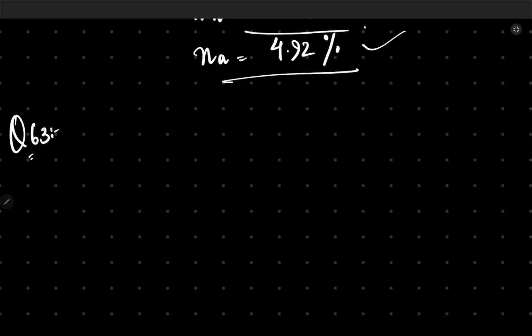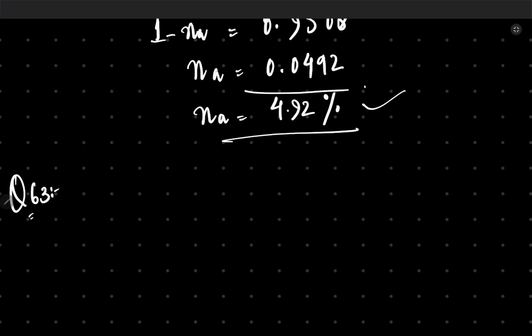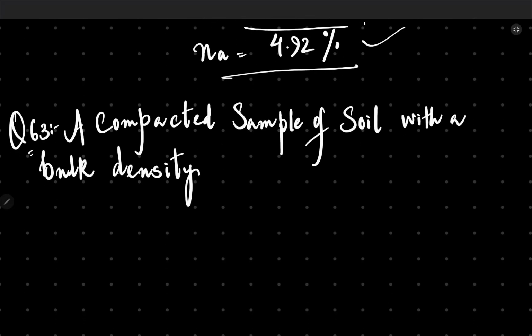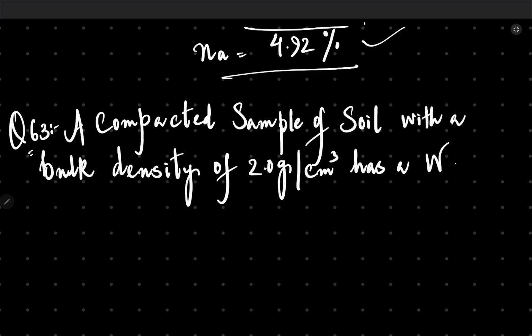Question number 63 says, a compacted sample of soil with a bulk density of 2 grams per centimeter cube has a water content of 15%.